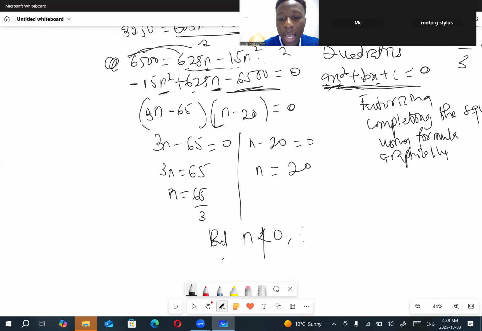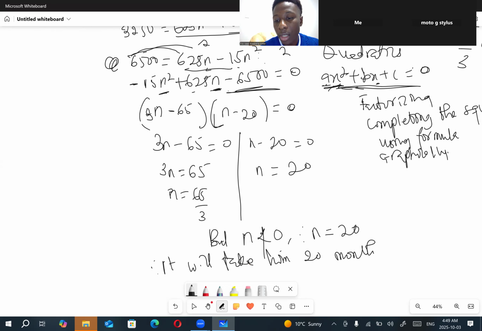Therefore, n is equal to 20. From the question, it says how long, so it will take him 20 months to clear the loan.